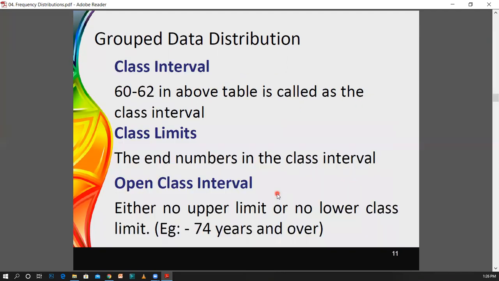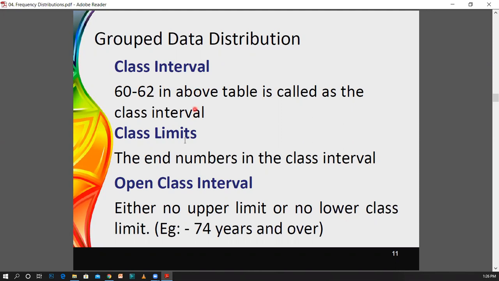Okay, now we will see the terms associated with the group data distribution. The first term is the class interval. Normally we use class intervals to create this group data distribution.